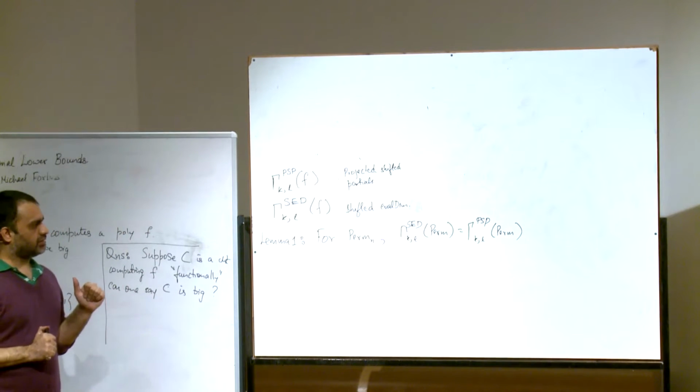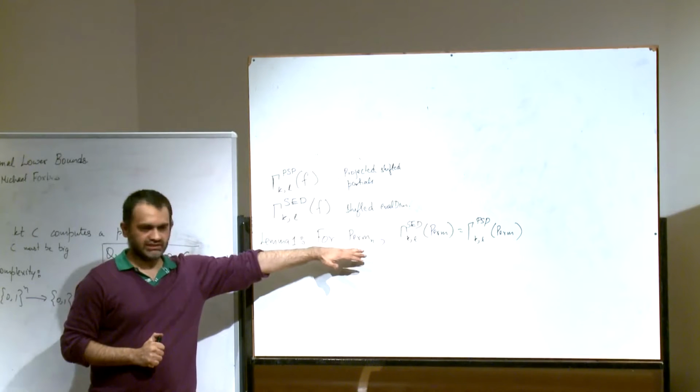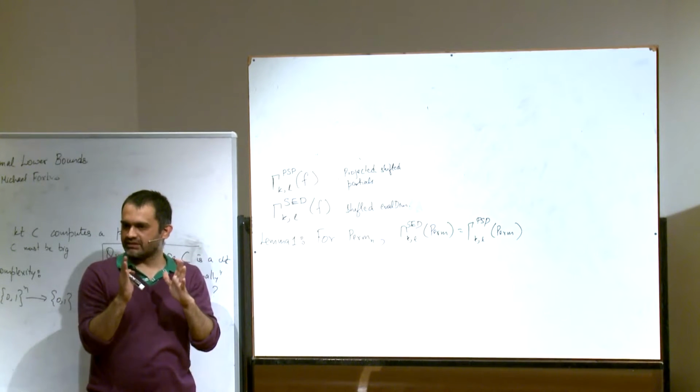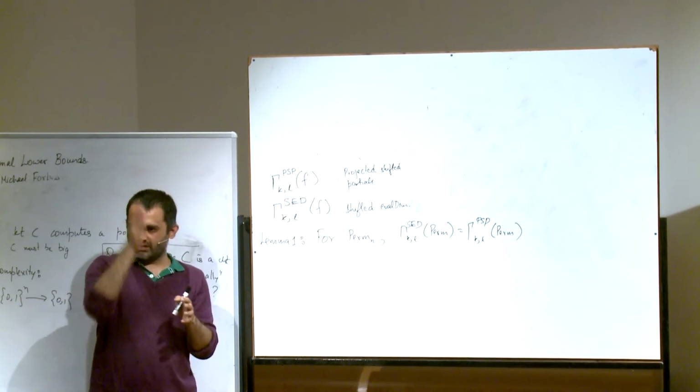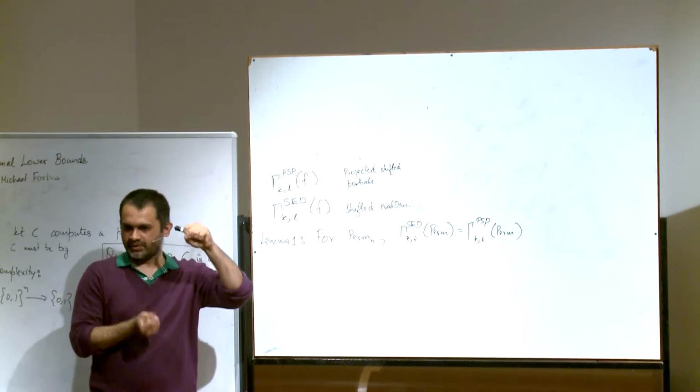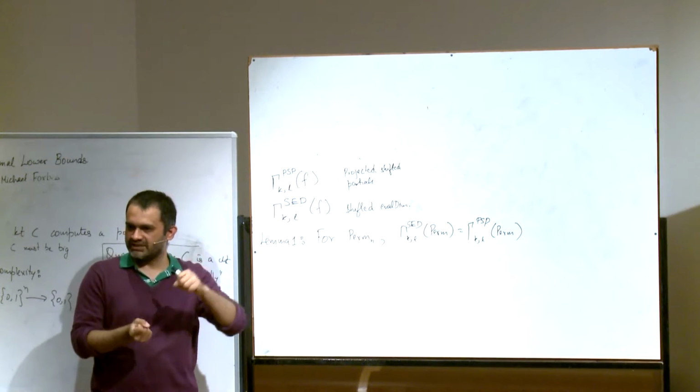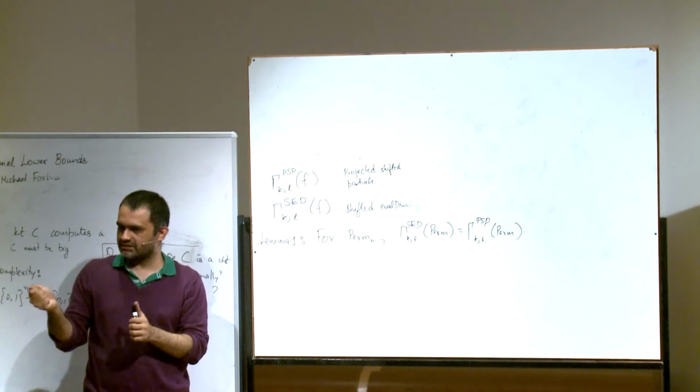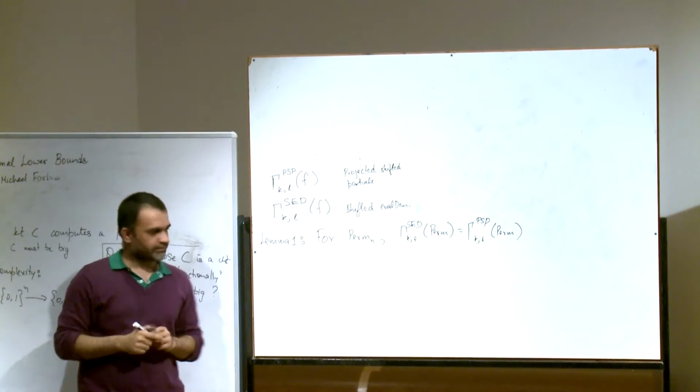And the only thing that I will need from the permanent is the fact that the permanent is set multilinear. What I mean by that is, if I think of each of the columns as separate boxes of variables, then every monomial picks up exactly one variable from each box. That's the only thing I will use.